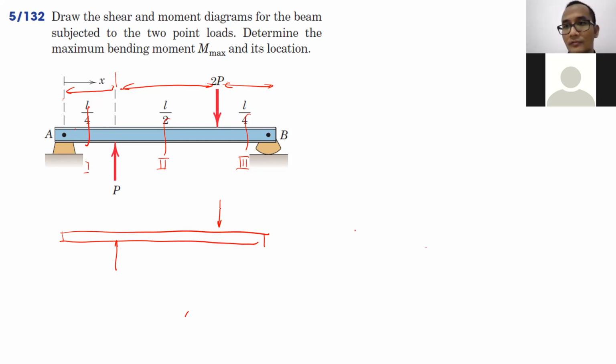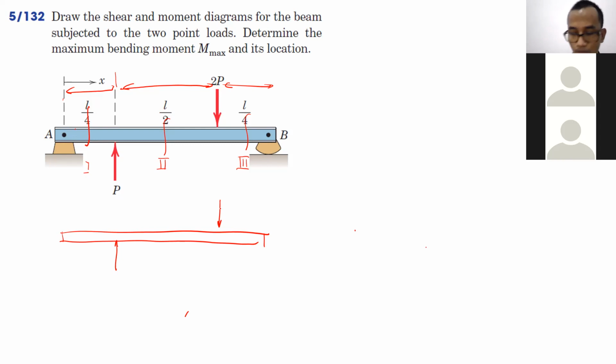Okay, Irsyad Nabil, at A, what do we have? It's a pin. AX and AY. Correct. How about at B? It's a roller. BY.